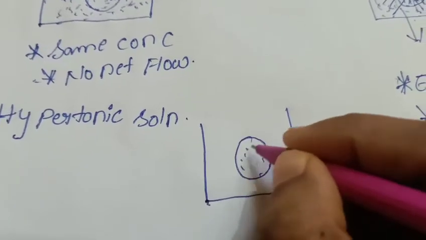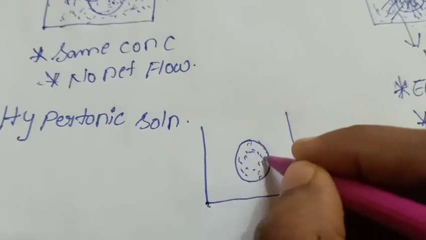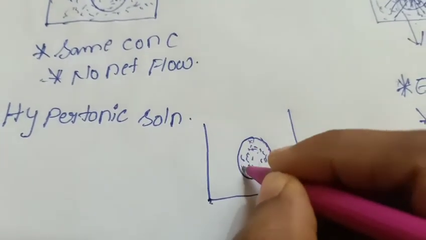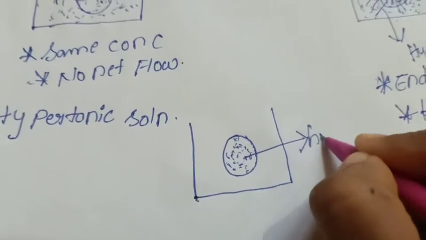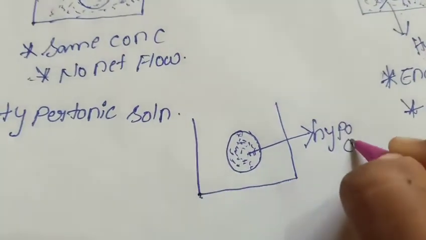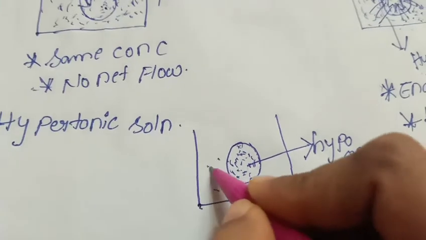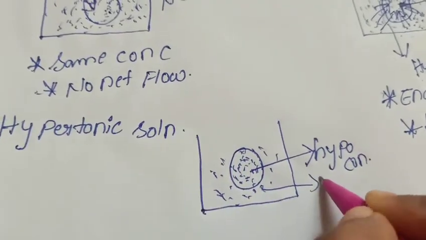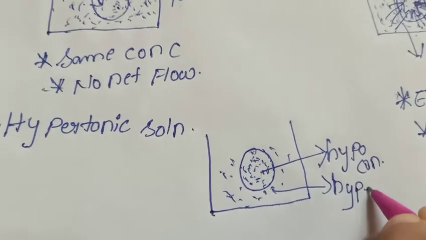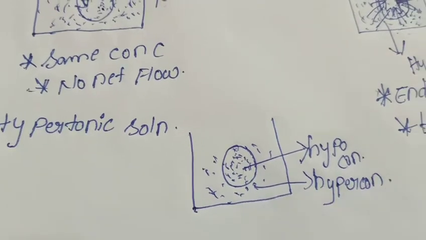Here the concentration which is inside the cell will be the lower concentration. That means it is the hypoconcentration. And the material which is outside the cell will have the higher concentration, and it is known as hyperconcentration.